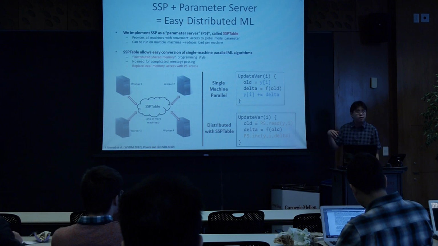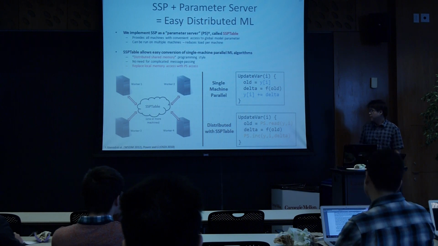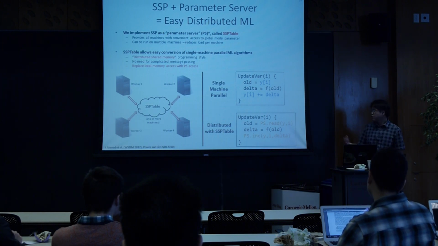You'd replace the access to y_i with a call to a library that reads the variable y at coordinate i, and you replace the adding in delta part by another call to the library that just increments y at coordinate i by delta. Essentially, there's a one-to-one correspondence between variable reads and writes in the single machine parallel system and the distributed system.